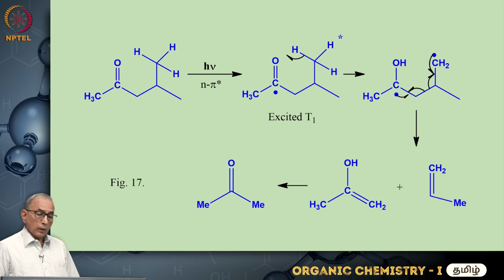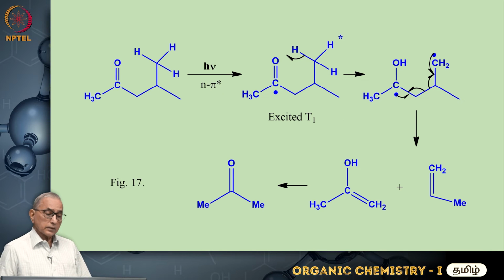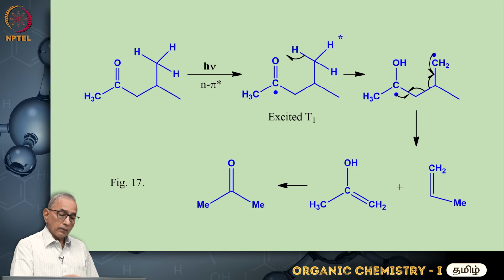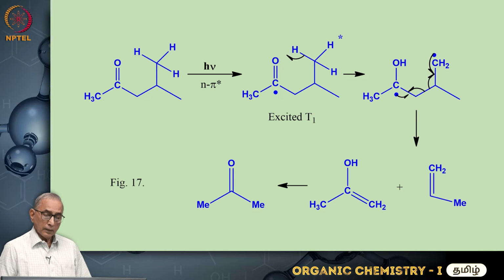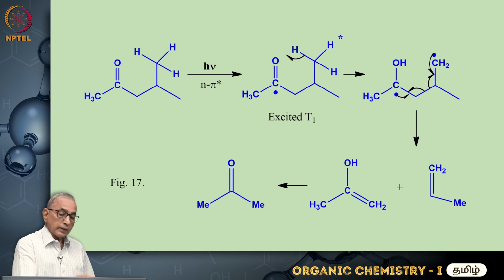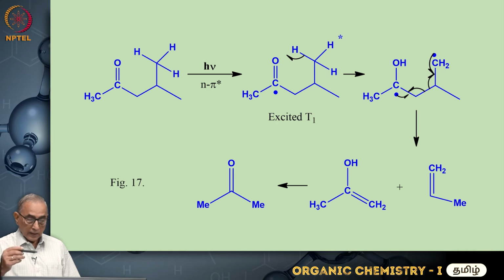Now, you have another type of reaction. You have this ketone which is excited, it produces n to pi star, that is the first type of transition that takes place. When you have an sp2 orbital or sp3 orbital which has an electron pair, first that electron is transported to the pi star, the higher level.